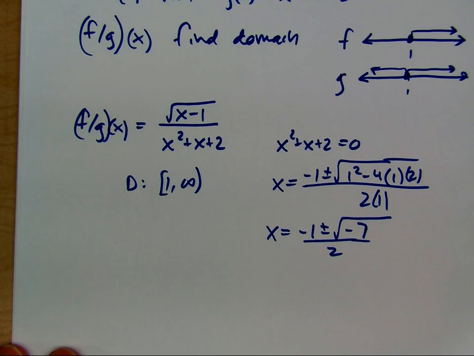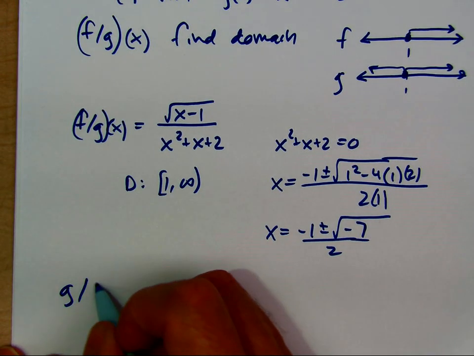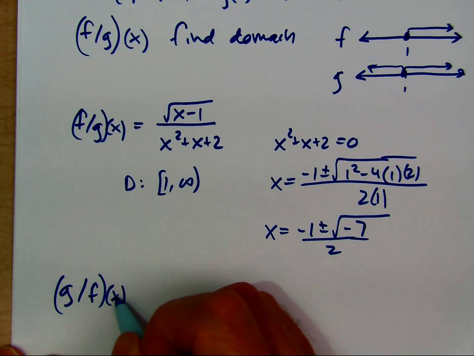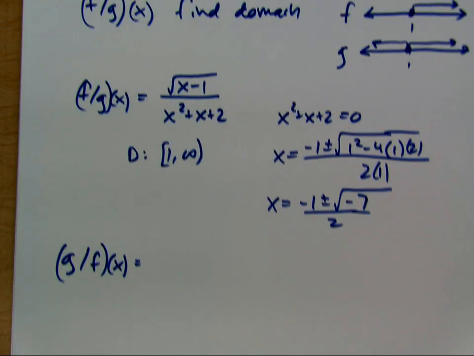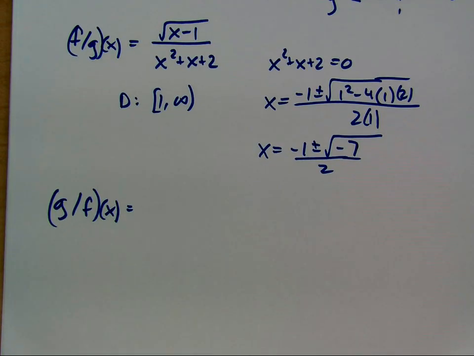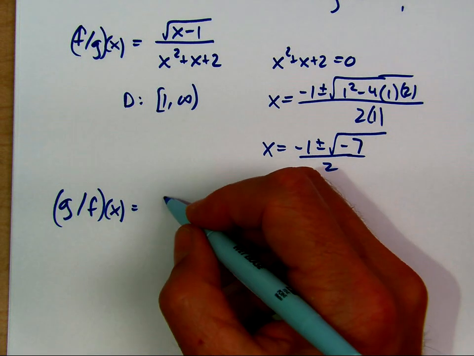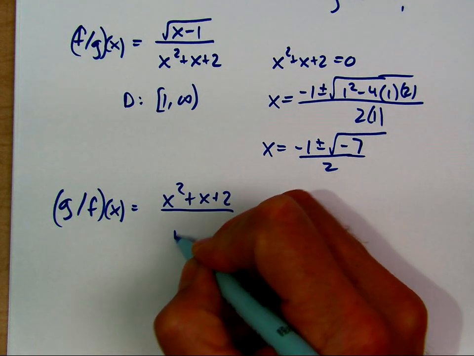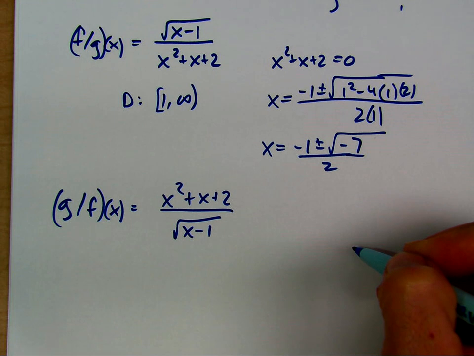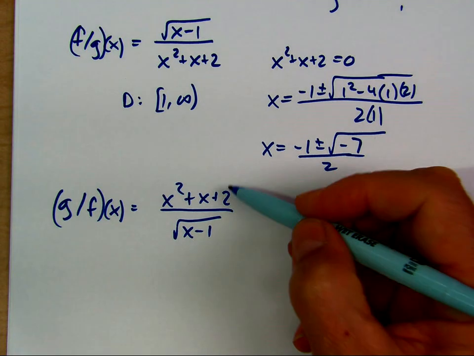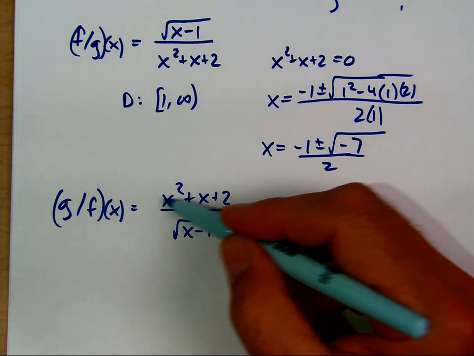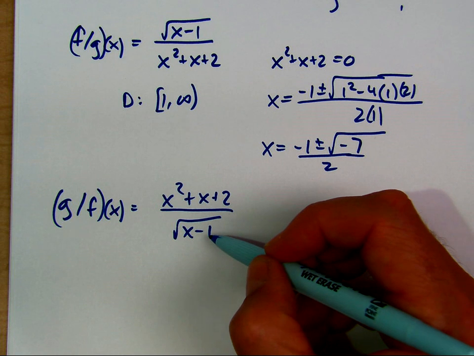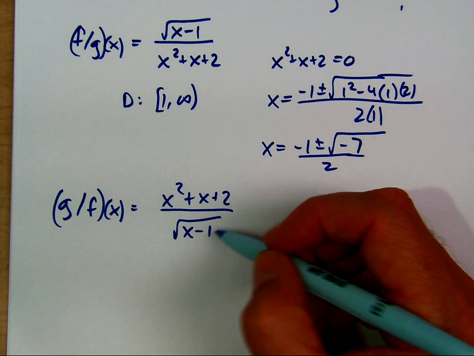And you try g divided by f. Pause the video and try that one. So now we have g divided by f. We already know there's no problem with this. This has all real numbers for the domain. This has a domain of 1 to infinity.